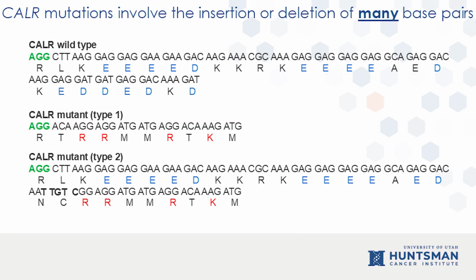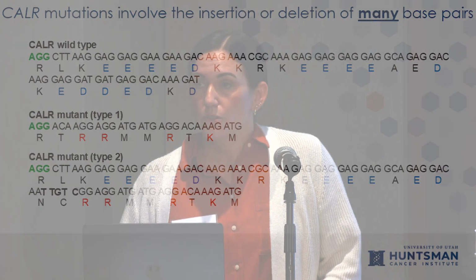But I do want you to see that the type 2 mutation still has a lot of those blue negatively charged amino acids. So although there are commonalities between type 1 CALR and type 2 CALR, what we've really started to recognize and appreciate in the last several years is they're actually pretty different in terms of what they need, how they drive an MPN. And that's what my lab studies.